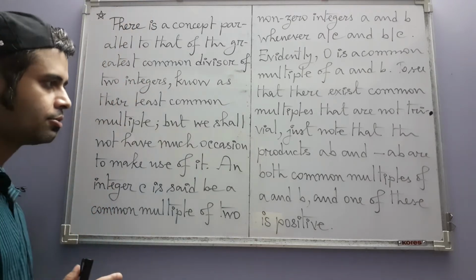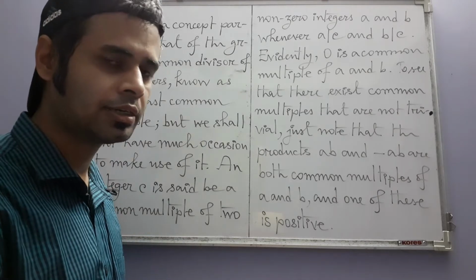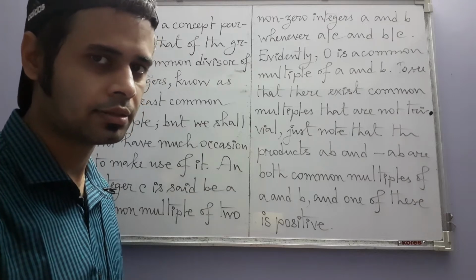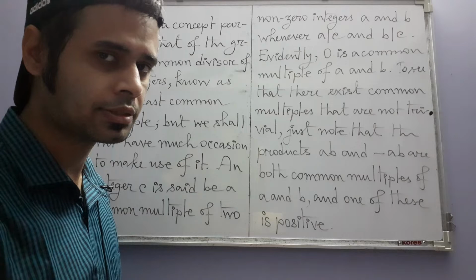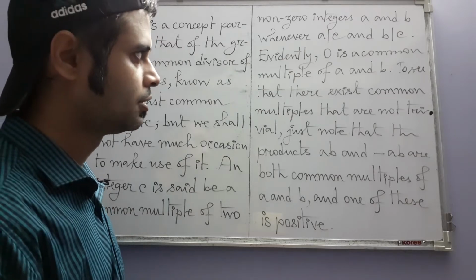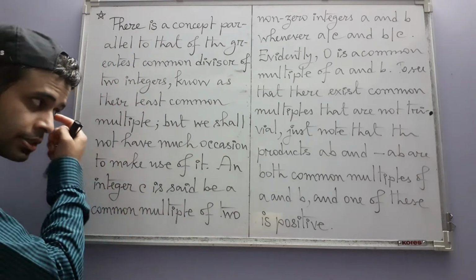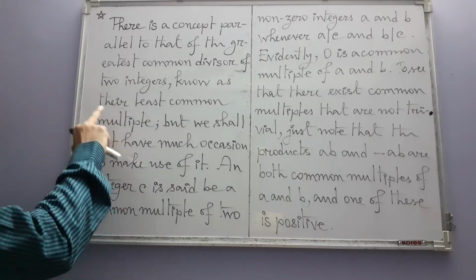Now, parallel to this notion of GCD, you already know that there is another notion, that is least common multiple, LCM of two integers. So next the discussion continues like this.